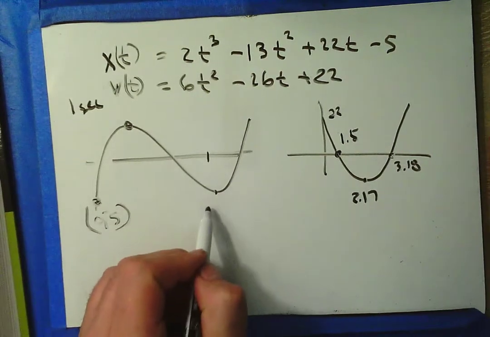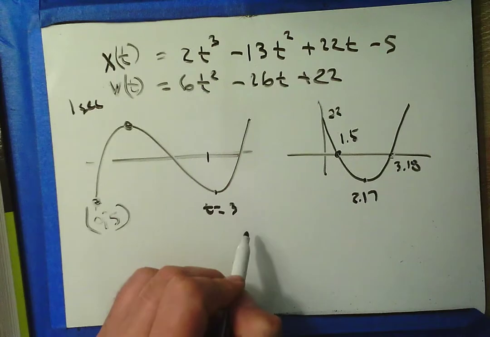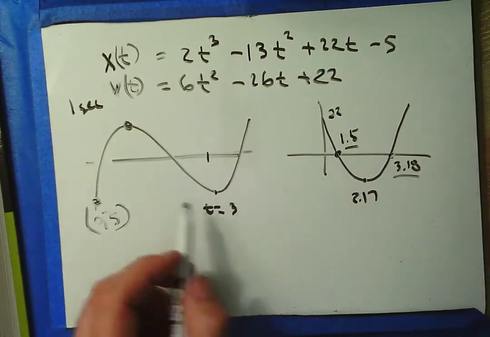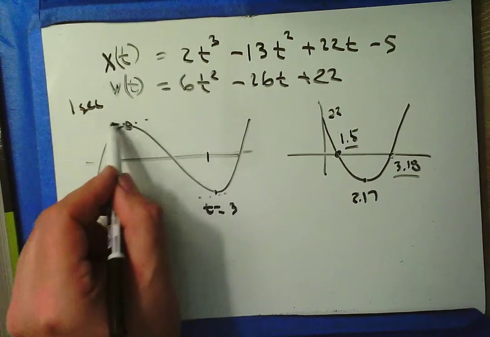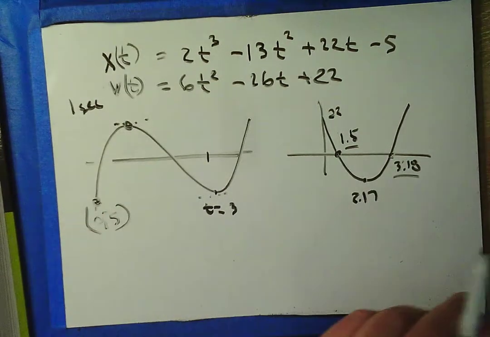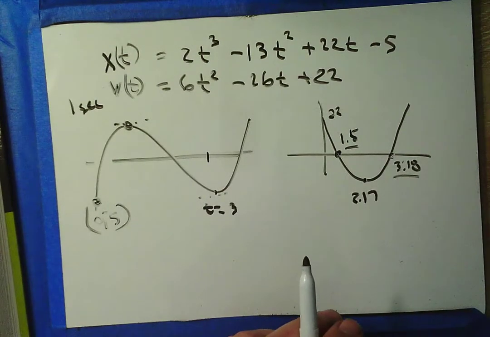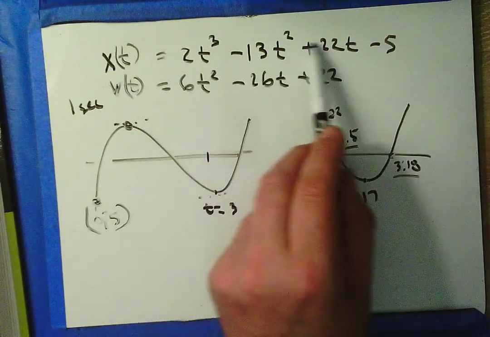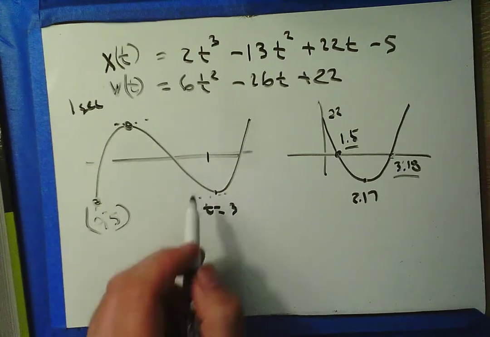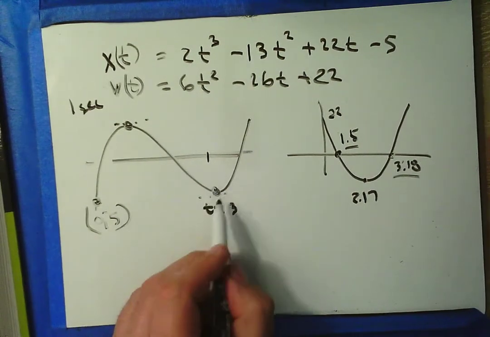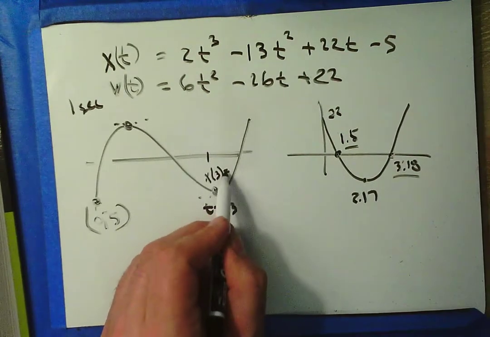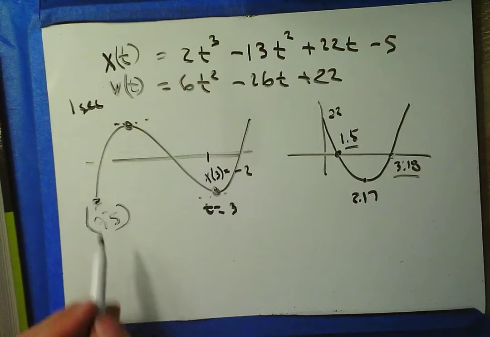And here, we've got time equal to 3. But we know it's really 1.5 and 3.18 because these zero slopes turn into zeros on the velocity graph. Okay, and what can we say here? At 3, if I plug a 3 into position, I get -2. So I'm not as far to the left as I was before.